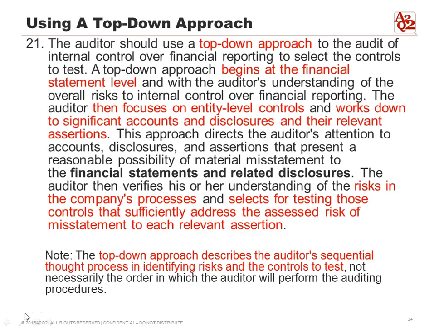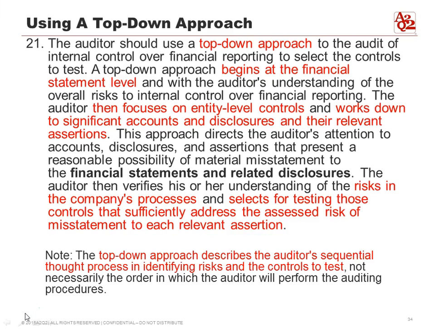And we then select the controls that address the risk for each of the assertions. So now we start with the financial statement, we work down to the significant accounts and disclosures, then we work down to identifying the processes, and then within those processes, selecting the controls that mitigate the relevant assertions.